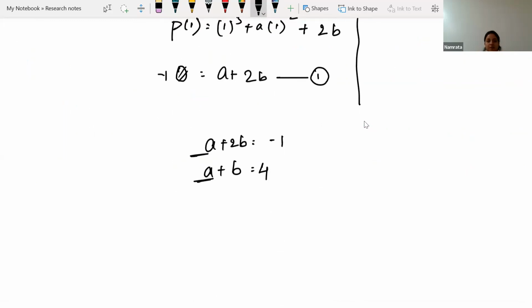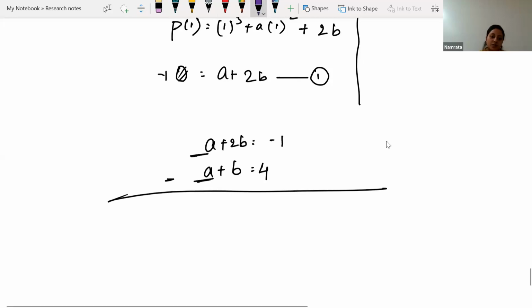How? Ma'am, by subtracting them. By subtracting, each and every sign will get reversed. So this will be minus a, so that this will get cancelled. This will be minus b, this will be minus 4. So what will we have over here?